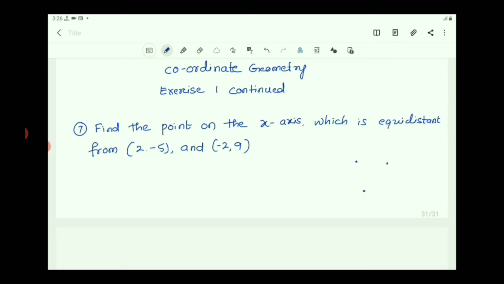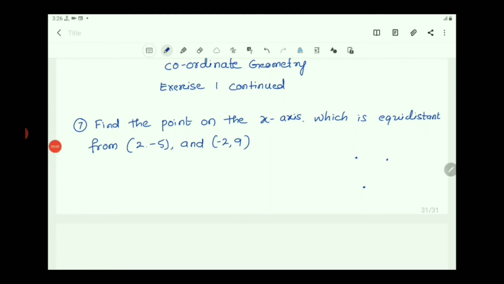Now one point is on the x-axis and the other 2 points are given. Let us consider the point A on the x-axis, and you know that a point on the x-axis is of the form (x, 0), and the other 2 points are P and Q. Let the coordinates of the point P be (2, -5) and the coordinates of the point Q be (-2, 9).